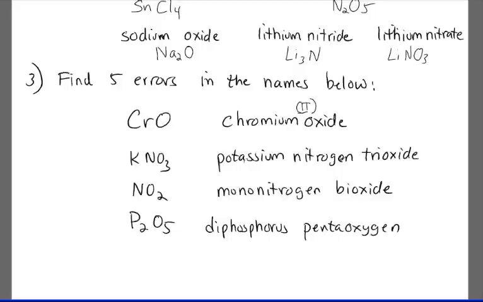The second one is a recognizable polyatomic ion, so it's not nitrogen trioxide, it's nitrate. Mononitrogen bioxide: we don't need the mono in front of the first element, and it's not bi, it's di for 2. And finally, diphosphorus pentaoxygen: you need to change the ending to IDE and make it pentaoxide.